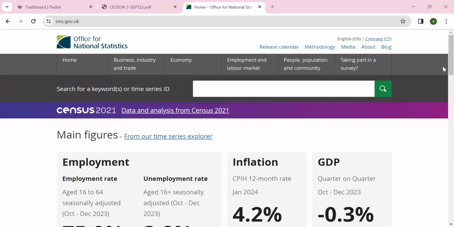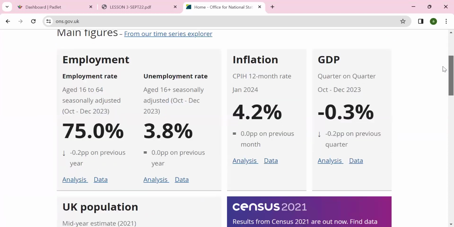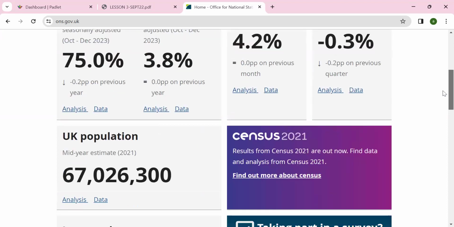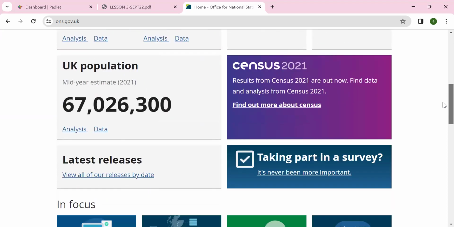Inflation was 4.2, GDP was 0.3, and we can look at the employment rate. Then we have census data where you can learn about population in areas, so you can plan your business keeping in view the external environment.